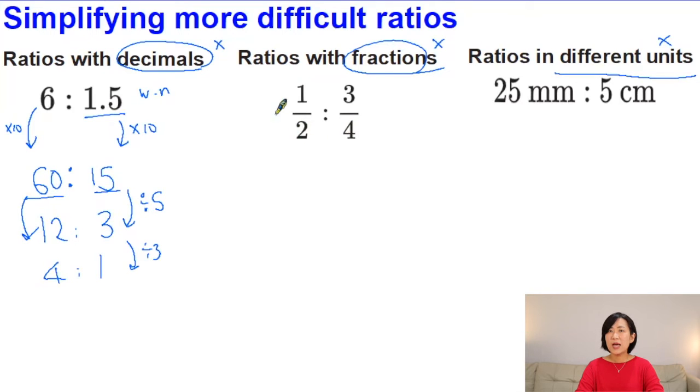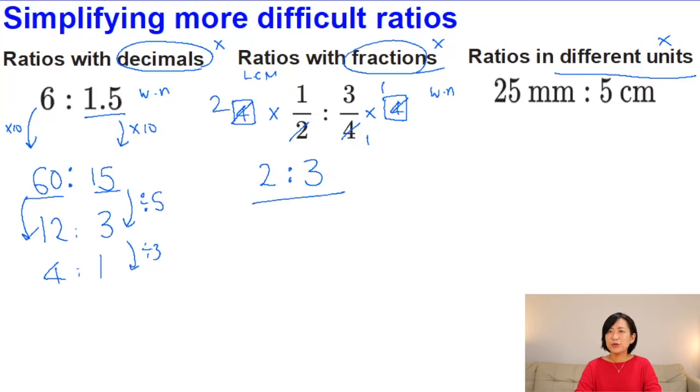You need to multiply both fractions by the lowest common multiple, and in that way you get whole numbers. The lowest common multiple of 2 and 4 is 4. So you multiply by 4, and you get 2 to 3. So your ratio is 2 to 3.